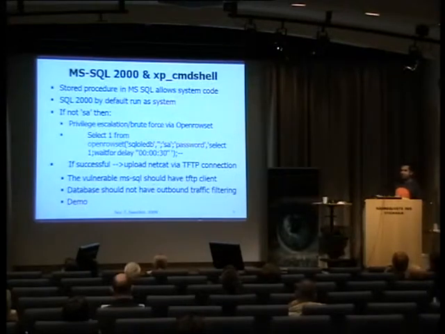So you run a TFTP server that serves a netcat binary. Using your xp_cmdshell, you make the Windows database host connect to your TFTP server and download netcat.exe. Once it has netcat.exe, just run it and get a reverse shell.